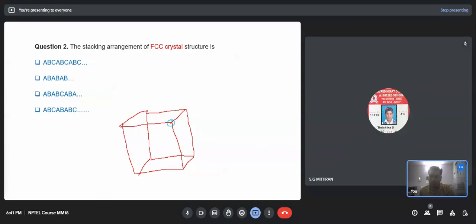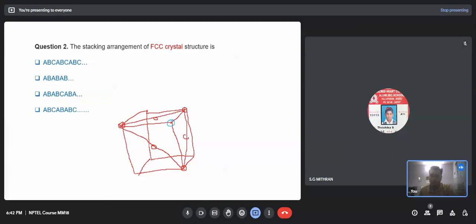Then I'll use red color for some other lattice point. Okay, so this will be in this fashion.